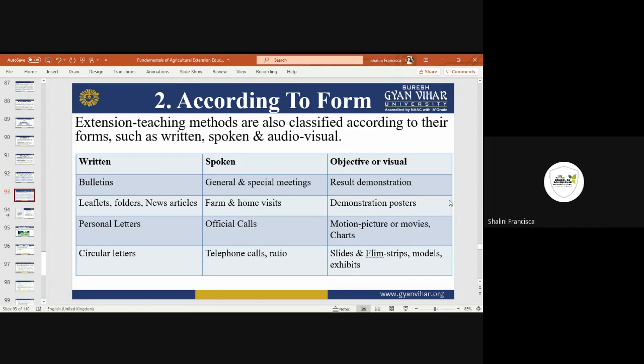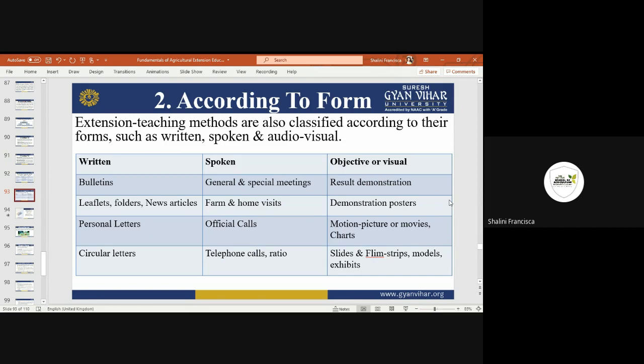Then the objective or visual form, that is result demonstration. If you are introducing a program related to fertilizers, and you apply NPK in this particular amount with this new chemical, how much yield will there be? If the results are positive and the yield benefits the farmer, then it will show as a result demonstration.